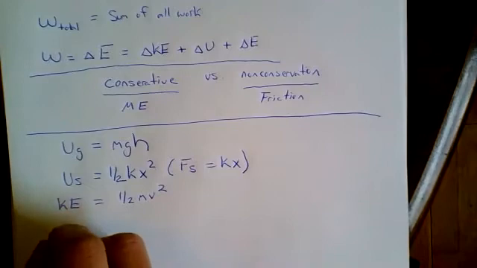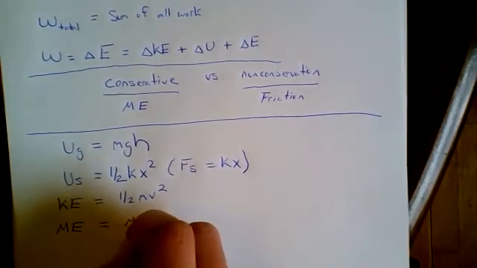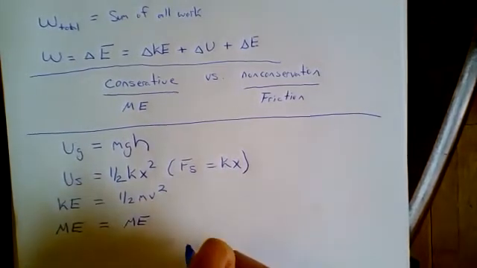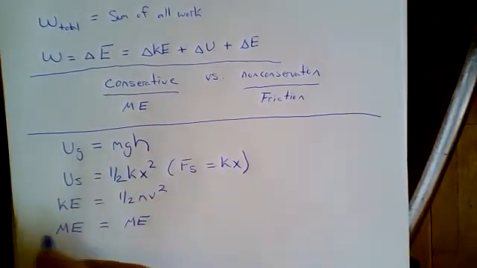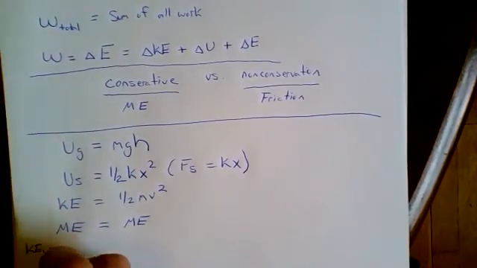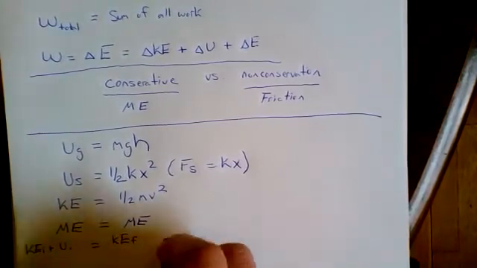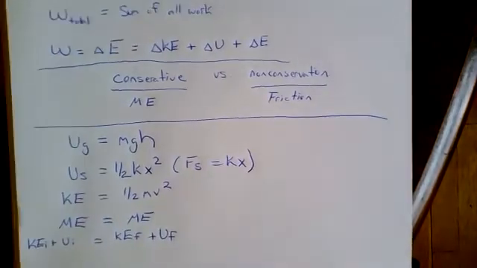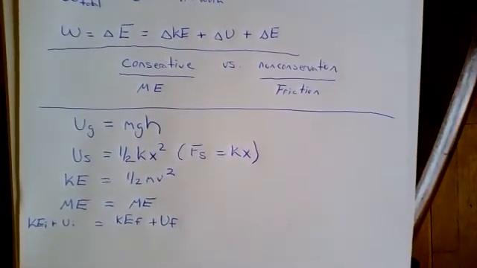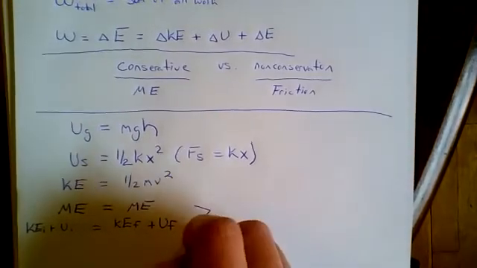And then lastly, our idea of conservation of mechanical energy can be written like this. Often for our purposes, it's KE initial plus U initial equals KE final plus U final. That's often the most important form that you need. But remember, when using this, there are a couple things you need to keep in mind.